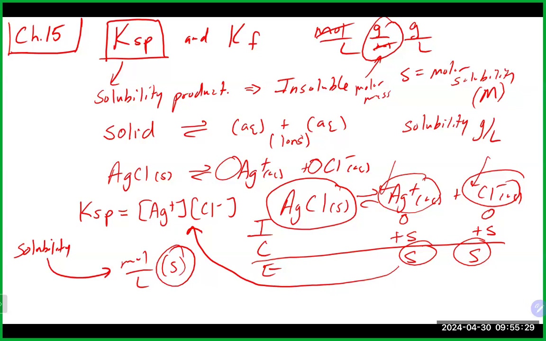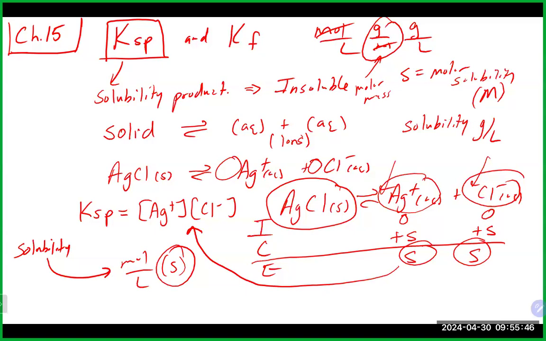Now, since these things are typically insoluble and typically thought of as solids, we typically find KSP values to be very, very small because they're mainly insoluble and staying together. Any questions on any of that?